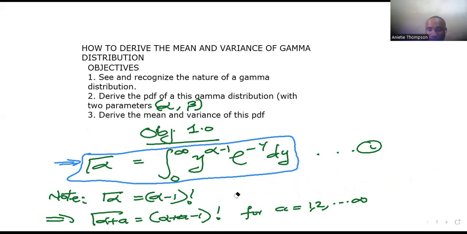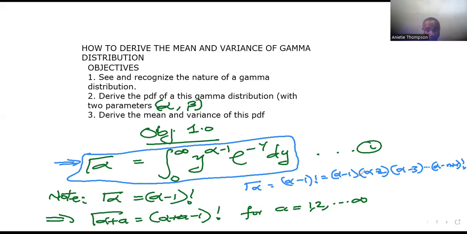So I'm trying to show you that gamma of alpha is the same thing as alpha minus 1 factorial, which we can also write as alpha minus 1 times alpha minus 2 times alpha minus 3, and wherever I want to stop, dot, dot, dot, times alpha minus n plus 1, then factorial.